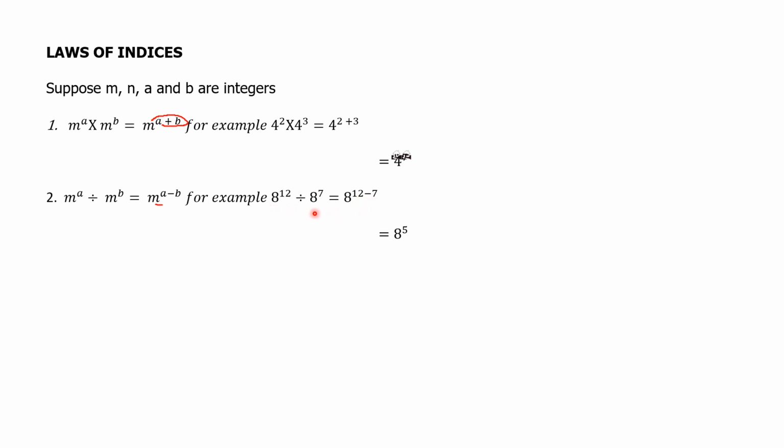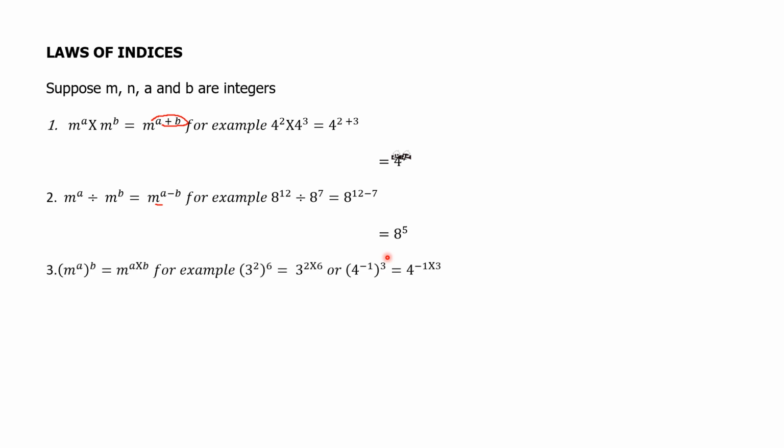The base, which was 8, we are keeping it. Then we are subtracting its powers, which were 12 and 7. When you subtract 12 minus 7, you get a power of 5. So the answer becomes 8 power 5.